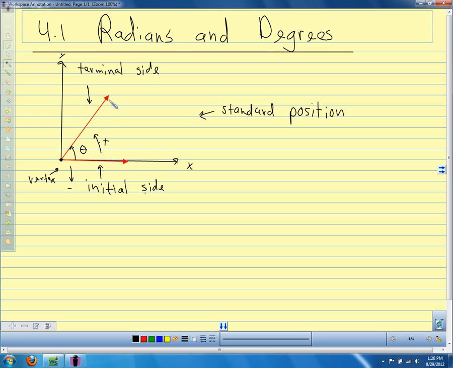But we can get to this terminal side by rotating this amount, or we could rotate all the way around the circle to that amount, or we could rotate around this way and get to that same terminal side. So we can rotate around more than once and get to the same place, and we can rotate the other direction. So a lot of times your questions will ask you, name two coterminal angles for a particular angle. And it'll ask you, give a positive and a negative coterminal angle. So coterminal, again, just means the terminal side is in the same place.